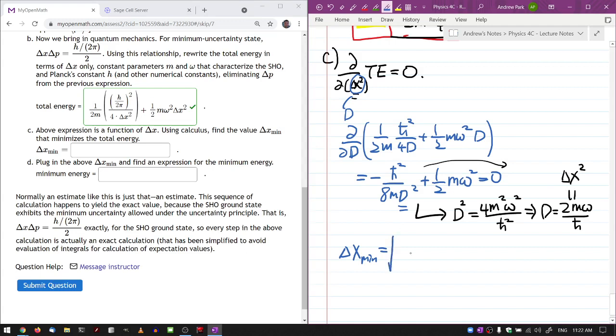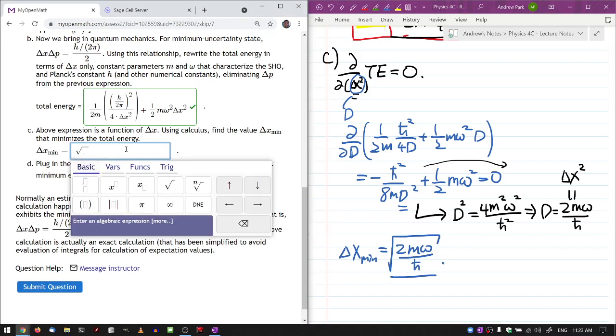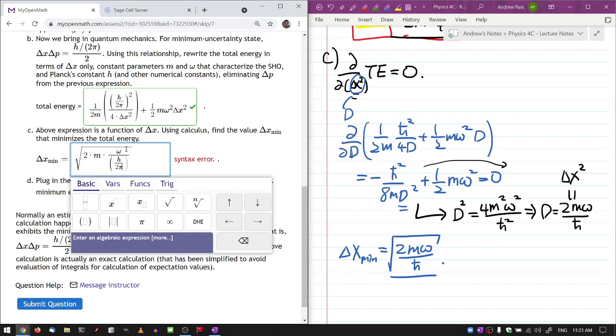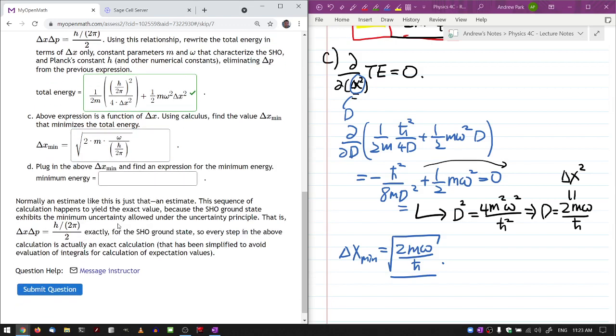So square root of 2m omega over h bar. Okay. Guess I'll plug that in. Square root of 2m omega over h bar, or h over 2 pi. Again, I need to do it this way because the system won't recognize h bar.